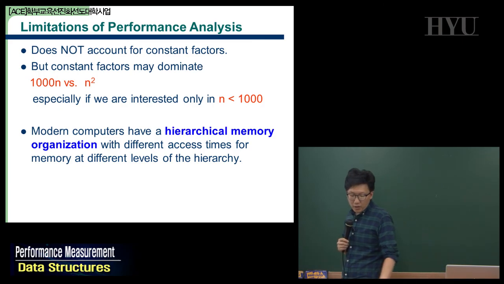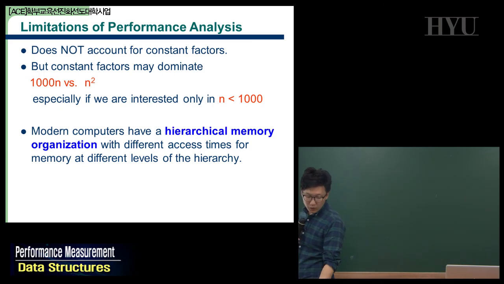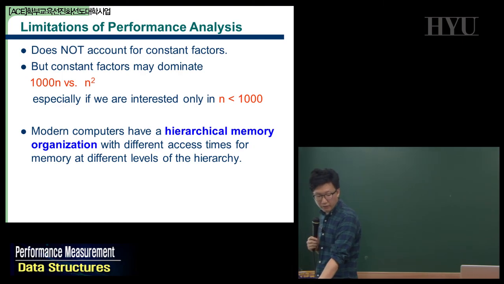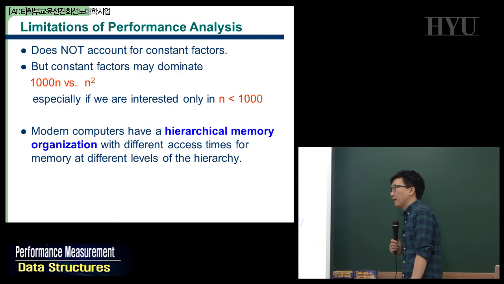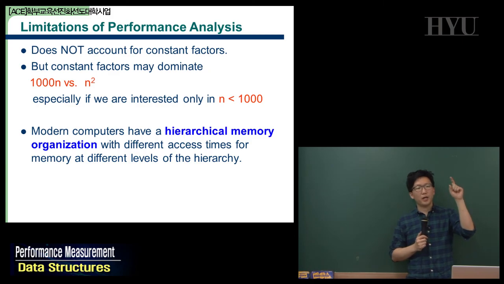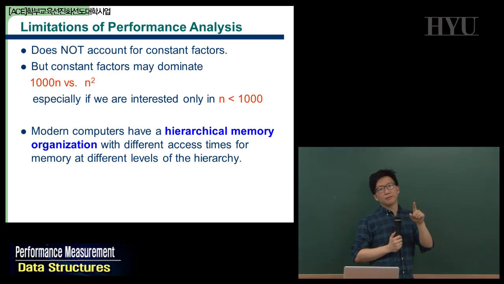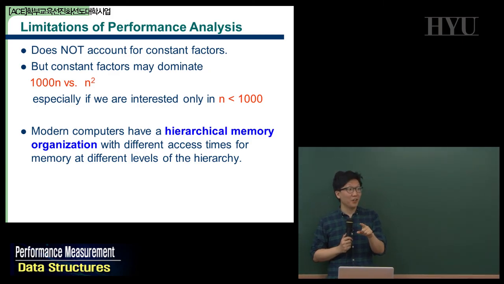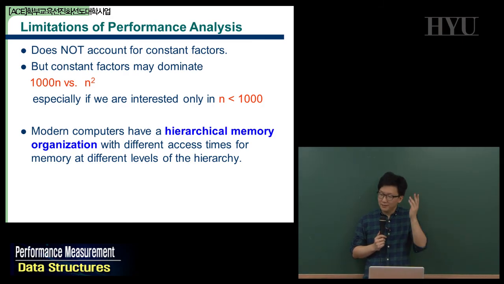Modern computers have a hierarchical memory organization with a different access time for memory at different levels of the hierarchy. L1 cache, L2 cache, your main memory. Sometimes your hard disk nowadays has its own memory too. So hierarchical memory stuff.